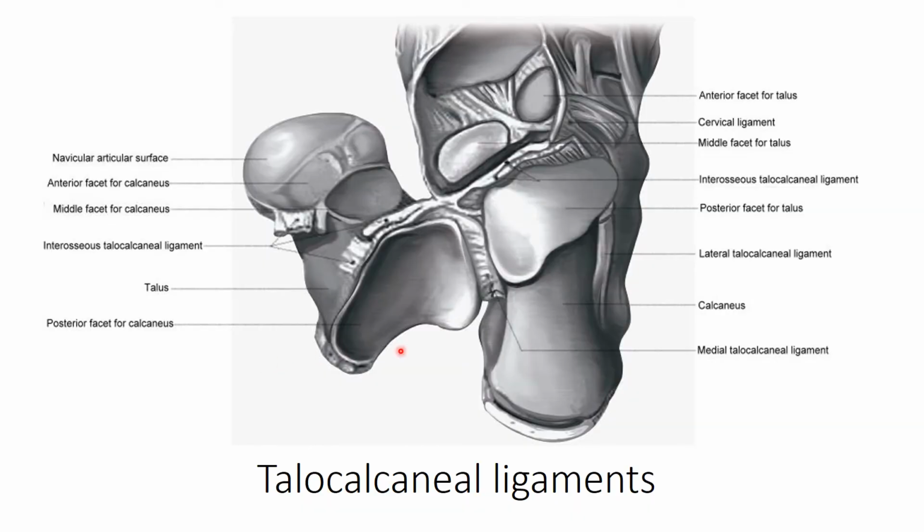Now there are several talocalcaneal ligaments which run between the talus and the calcaneus. So they also support this arch, and they include the medial and lateral talocalcaneal ligaments, as well as an interosseous talocalcaneal ligament. So they also support the arch.